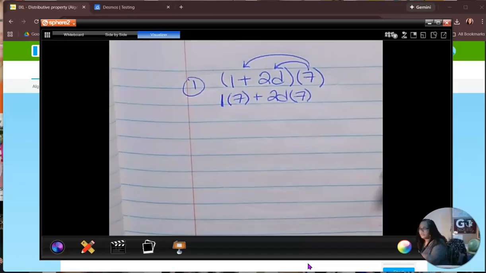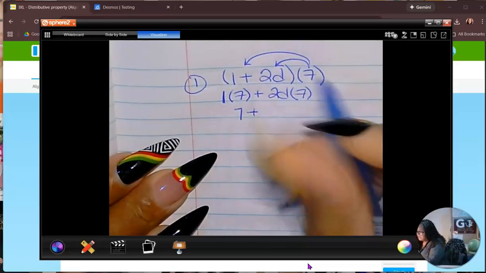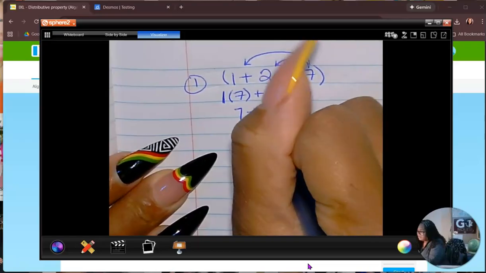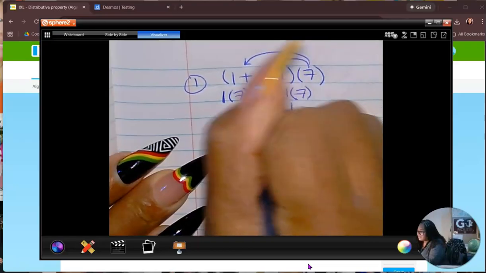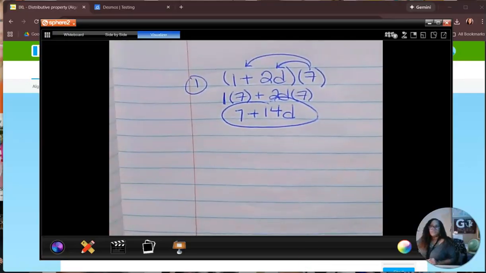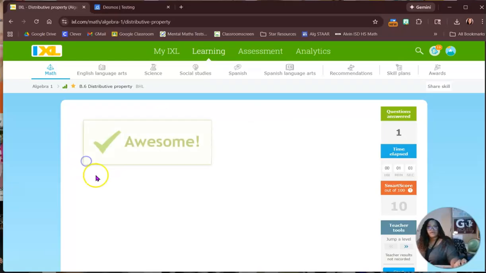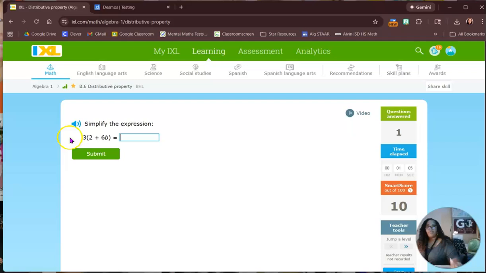Then I do the math. 7 times 1 is 7. And then 2 times 7, I have to multiply the coefficient by 7, which is 14, and then bring the d down. This becomes 7 plus 14d. Next, 3 times 2 plus 6b.